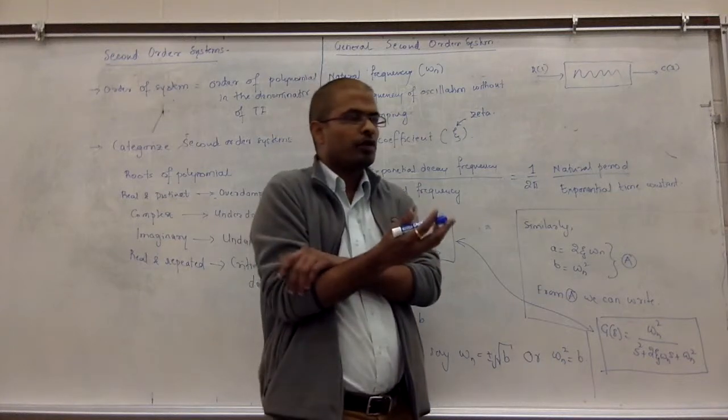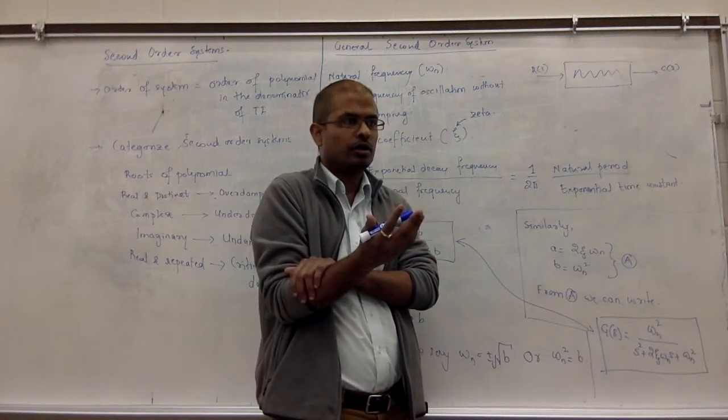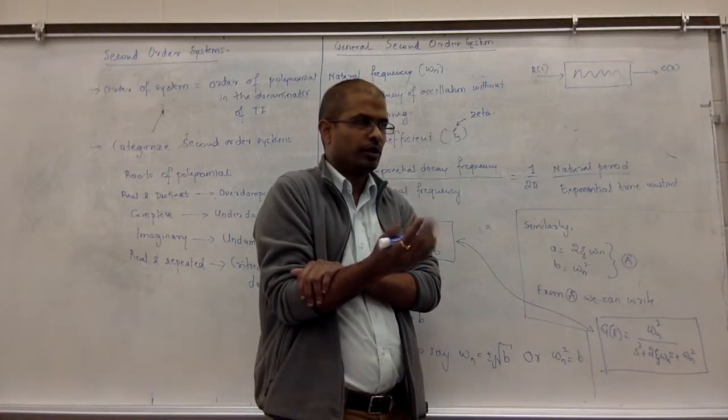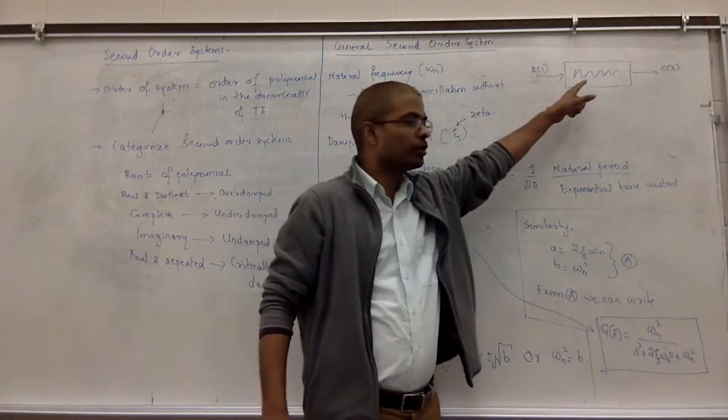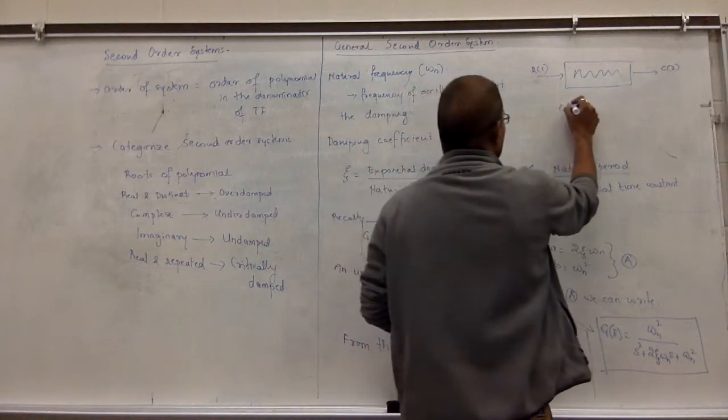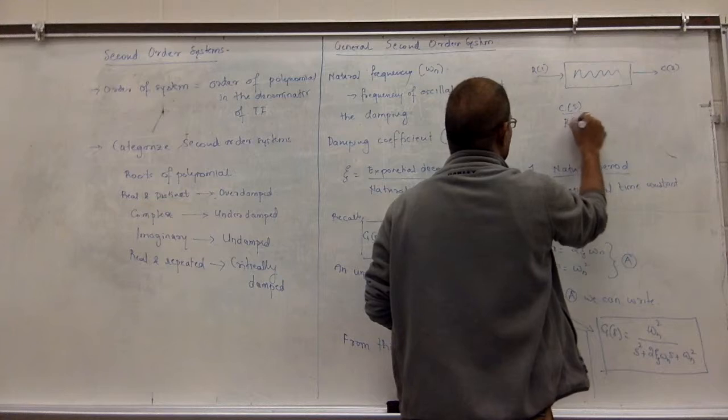All you know, this is a second order system. You don't know how many springs are there, how many dampers are there. Okay? You know this is a second order system. Can you determine C of S over R of S?